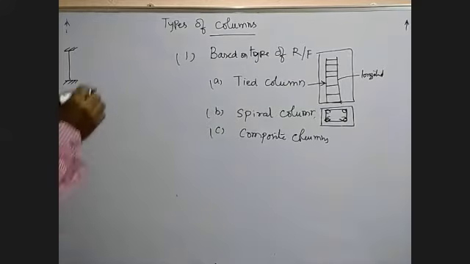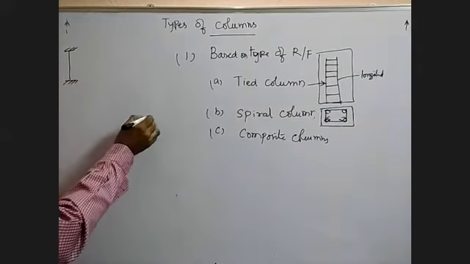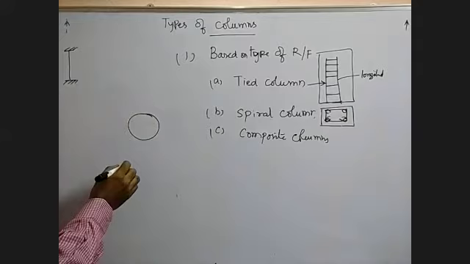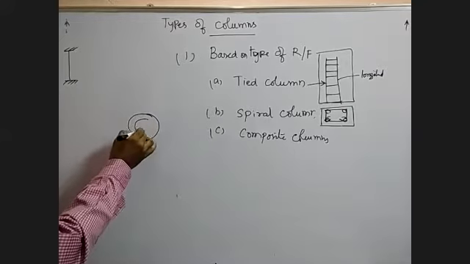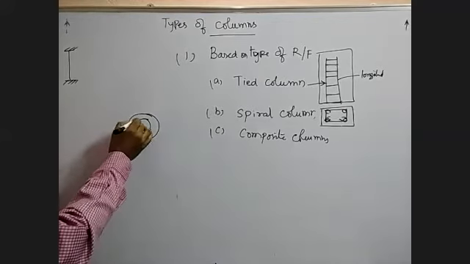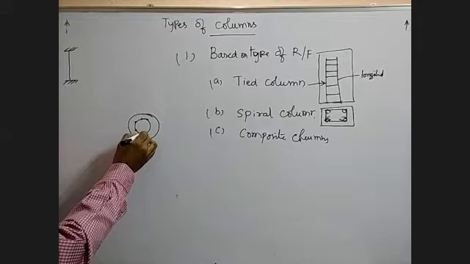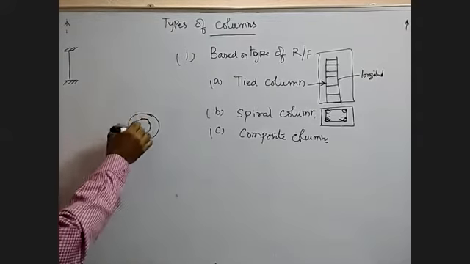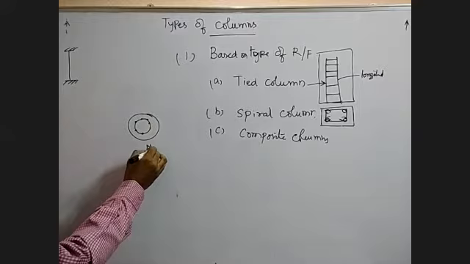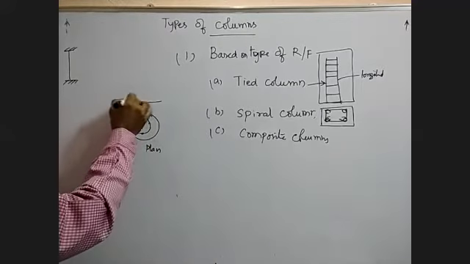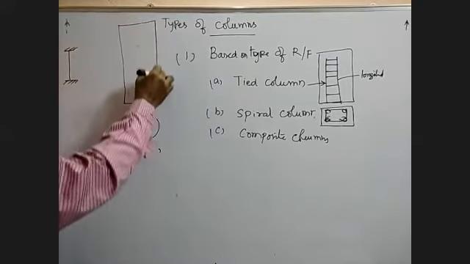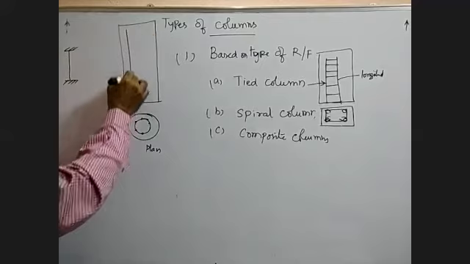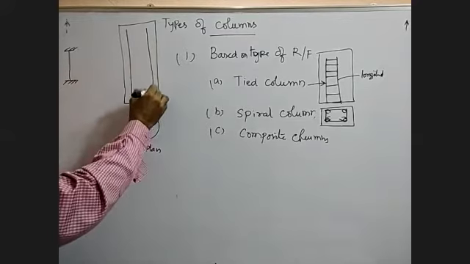Now coming to the spiral column. The bottom shape is spiral. Okay, and you have the spiral reinforcement that is in the circular shape. So here this is flat. You have reinforcement here, vertical reinforcement.